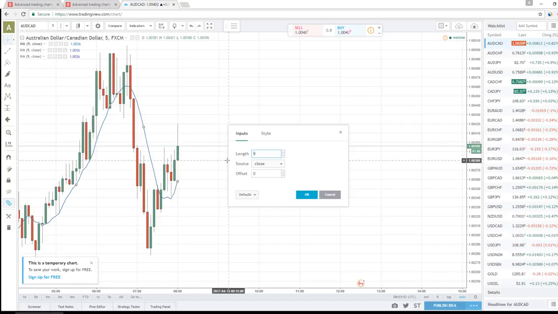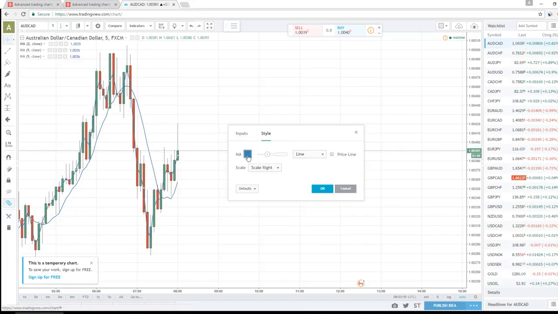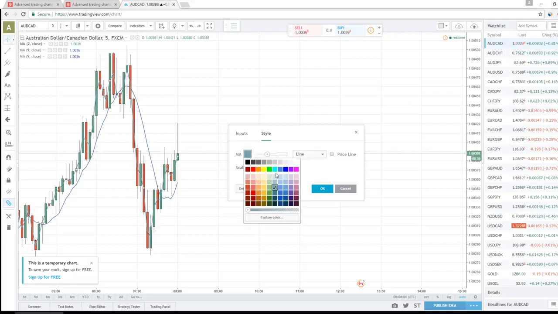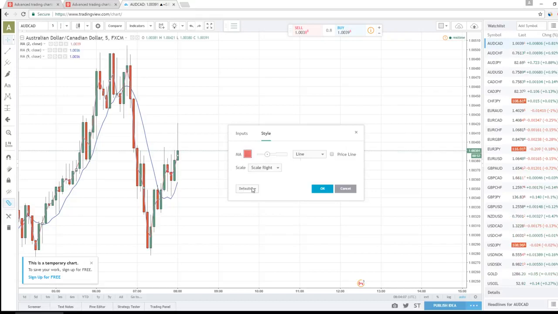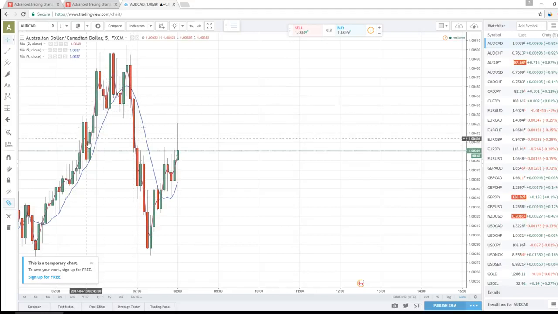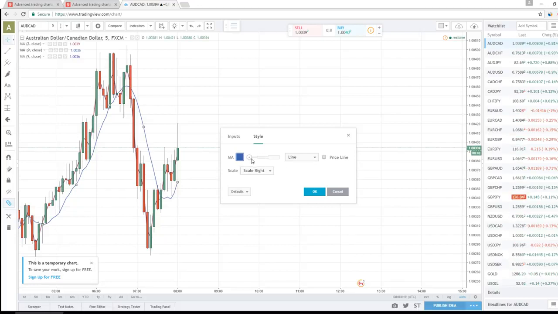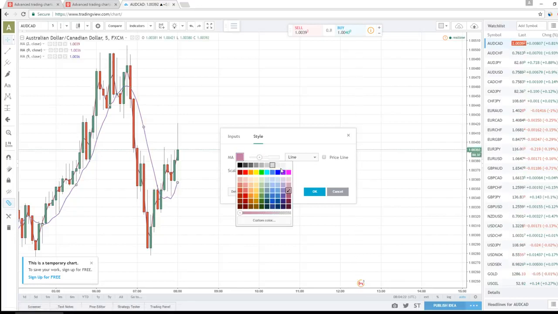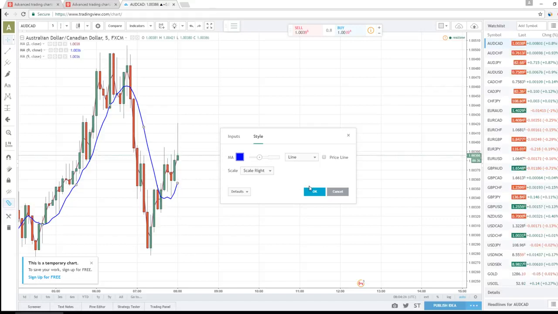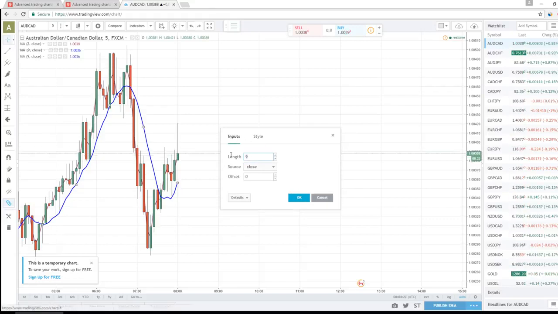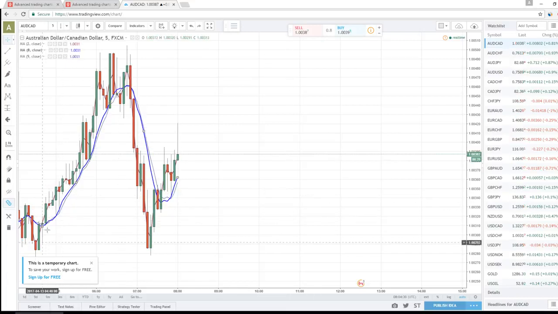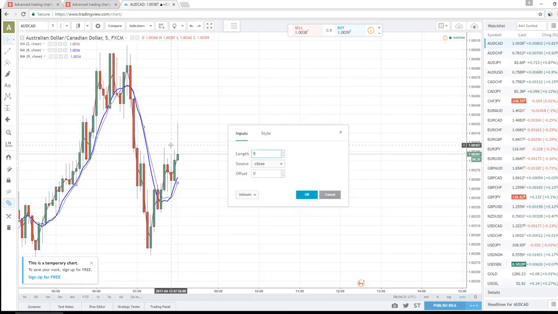Let's use different time frames for them and make them in different colors. Not red. Let's say purple. These are gonna be blue. And the last one.